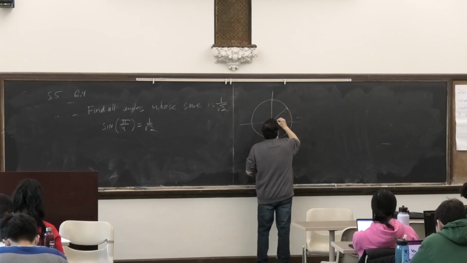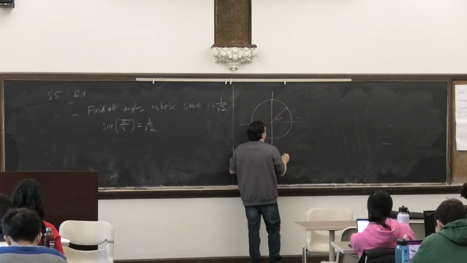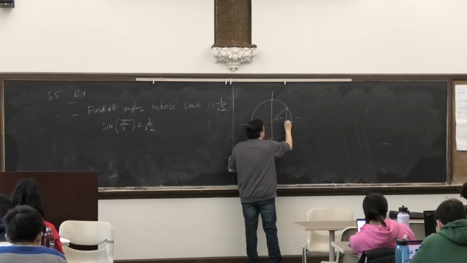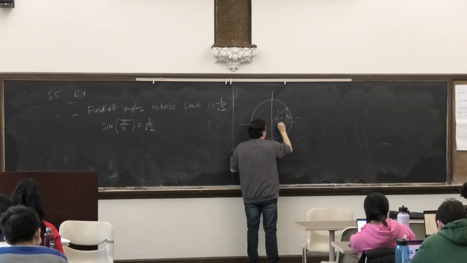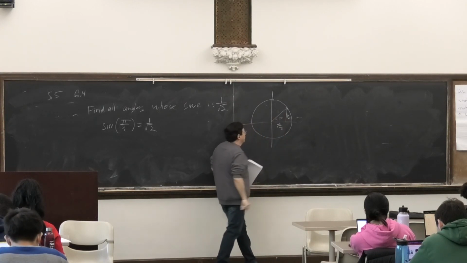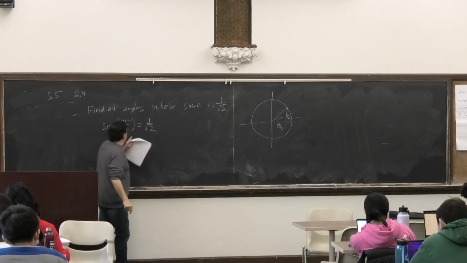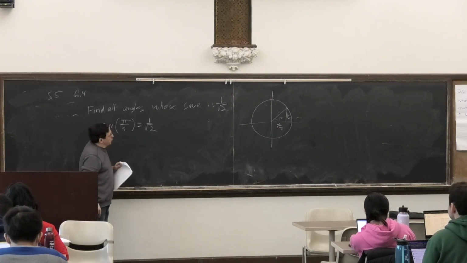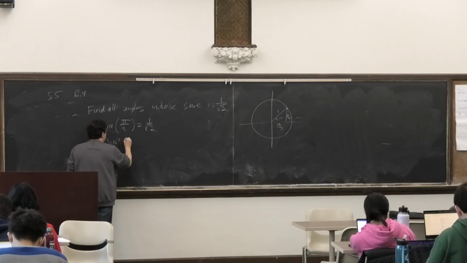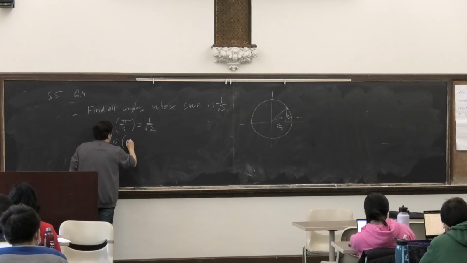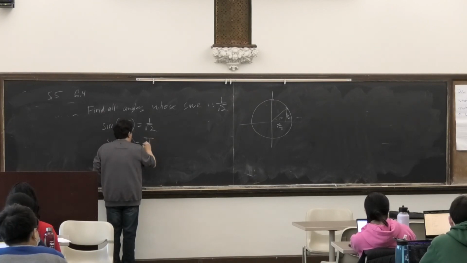Pi over 4 is 45 degrees. So clearly, sine of pi over 4 is 1 over the square root of 2. So inverse sine of 1 over the square root of 2 is, of course, pi over 4.